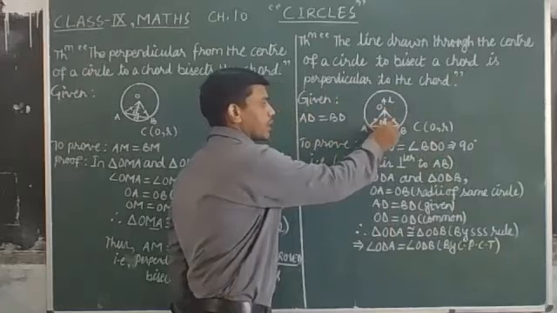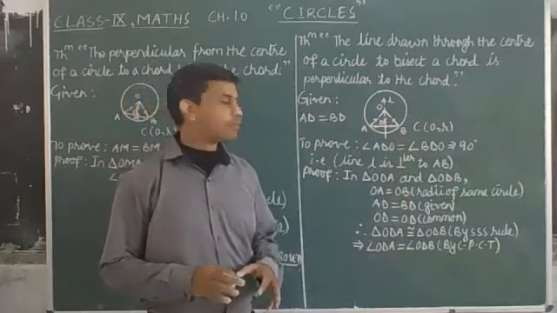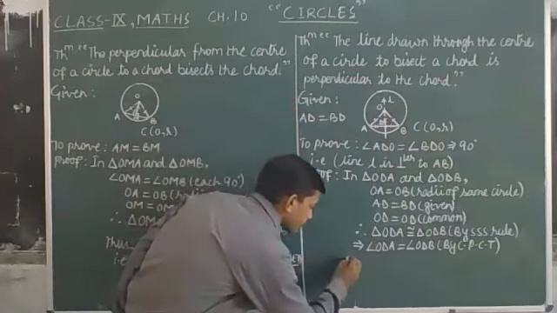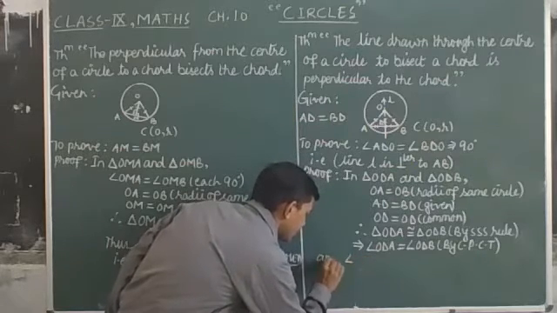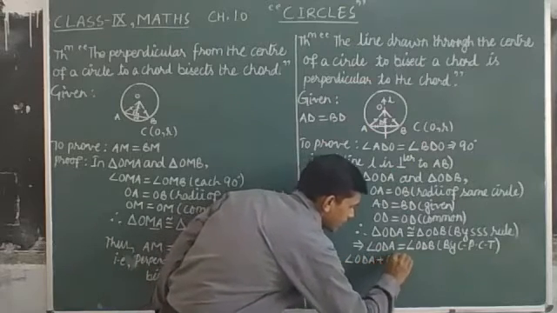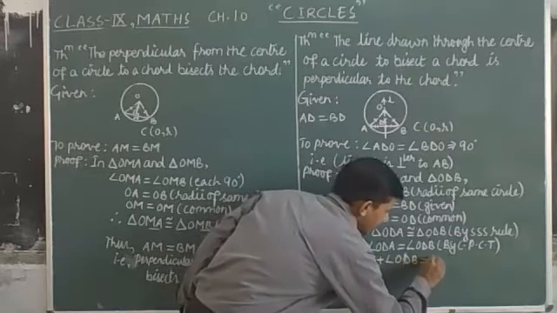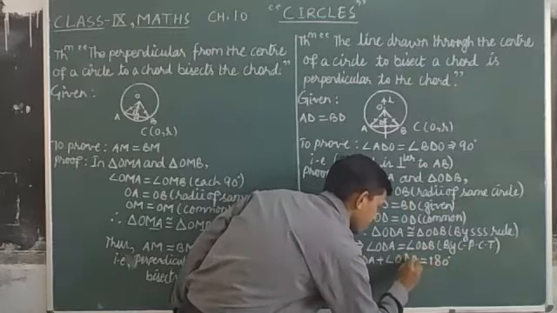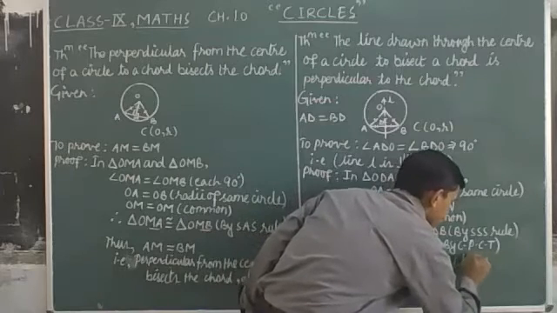And these two angles, angle ODA and angle ODB, are a linear pair of angles as well. That's why their sum would be 180 degrees. Angle ODA plus angle ODB equals 180 degrees. Reason: linear pair of angles.